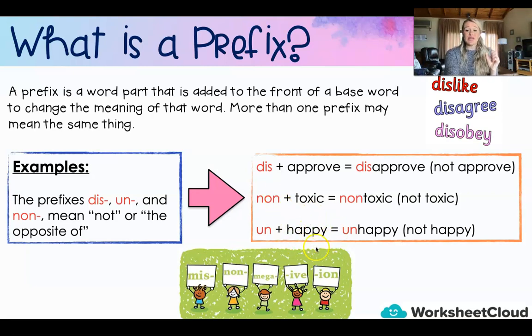If we have the root word happy and we add the prefix un, we put the two together, unhappy, it means we're not happy. So we can have those three prefixes that can also mean the same sort of thing, where it means not or the opposite of.